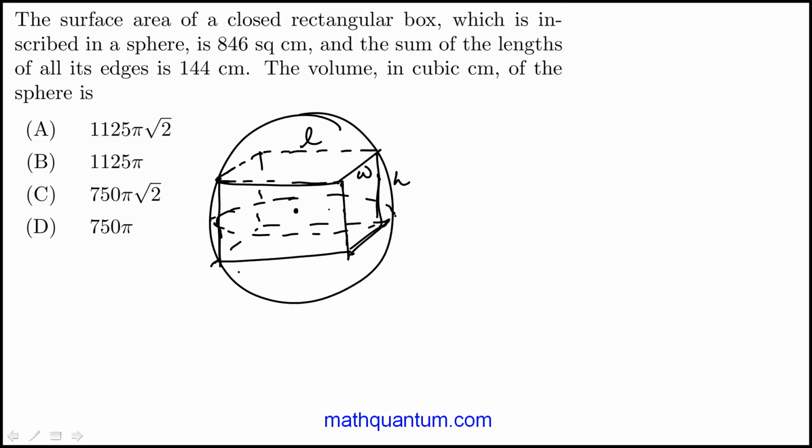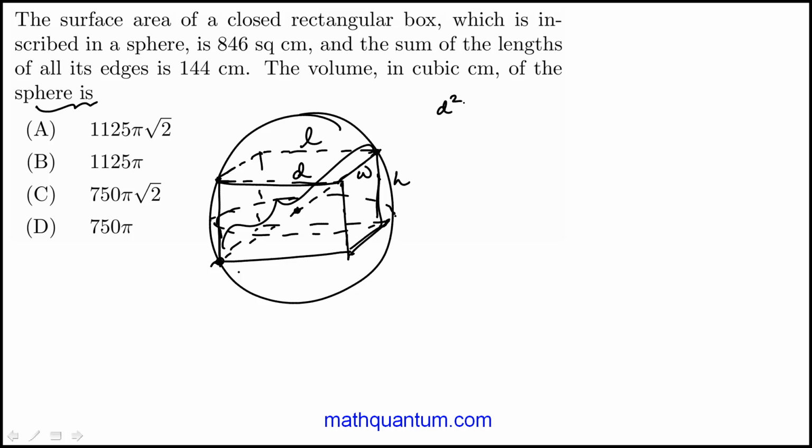And then we also have to figure out the radius or the diameter of the sphere to answer that question. What you'll see is if you connect these opposite vertices, that's your diameter. So that's your D, or the diameter of the sphere. And that's also the diagonal of this rectangular box.